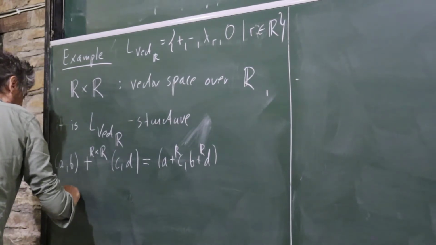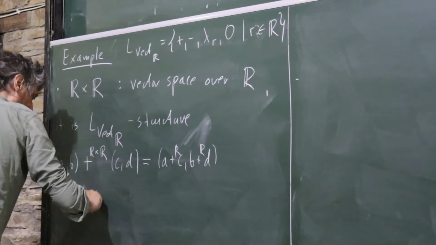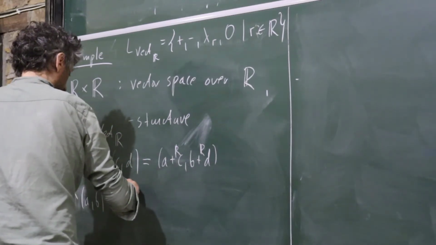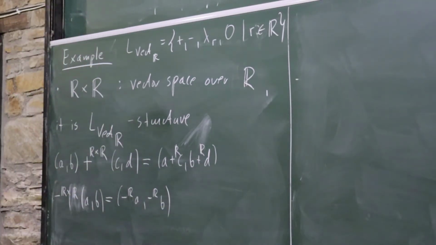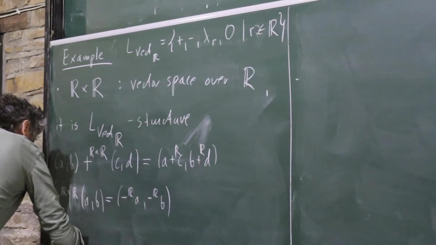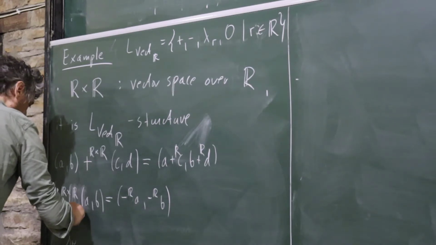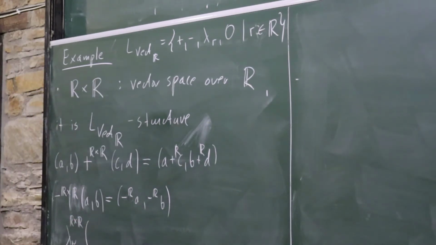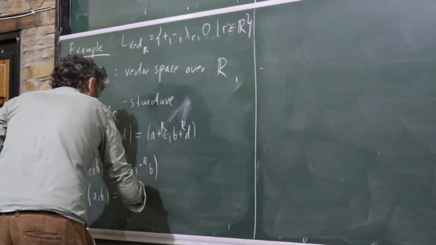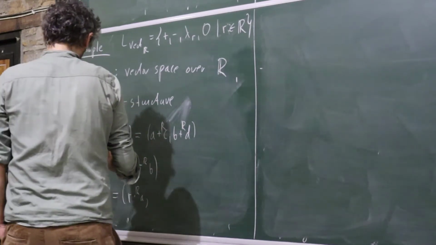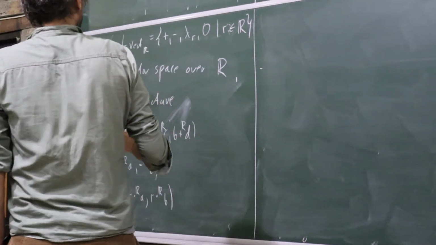Minus on R times R. And of course λ interpreted on R times R for some pair A, B, and the constant 0.